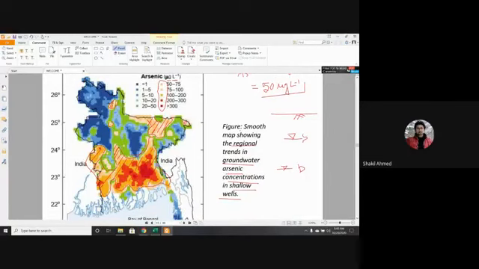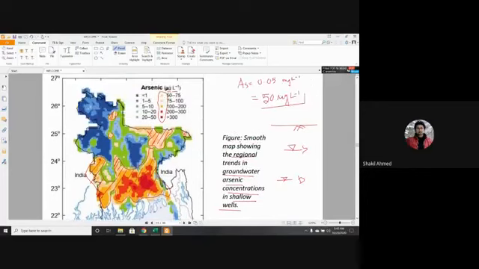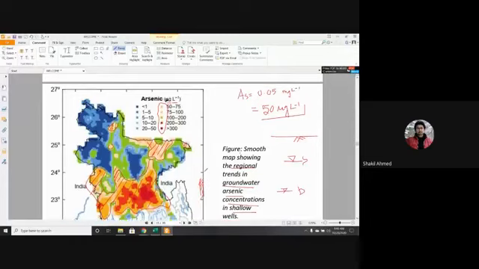Severe pollution. Do you see? Almost 50% of the area. A myriad of tube wells have been colored red in this location because they found arsenic concentration above the standard limit.